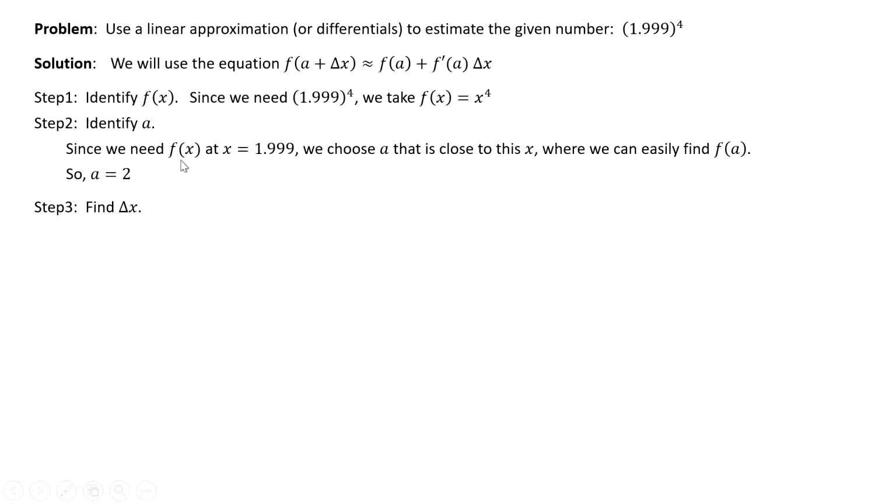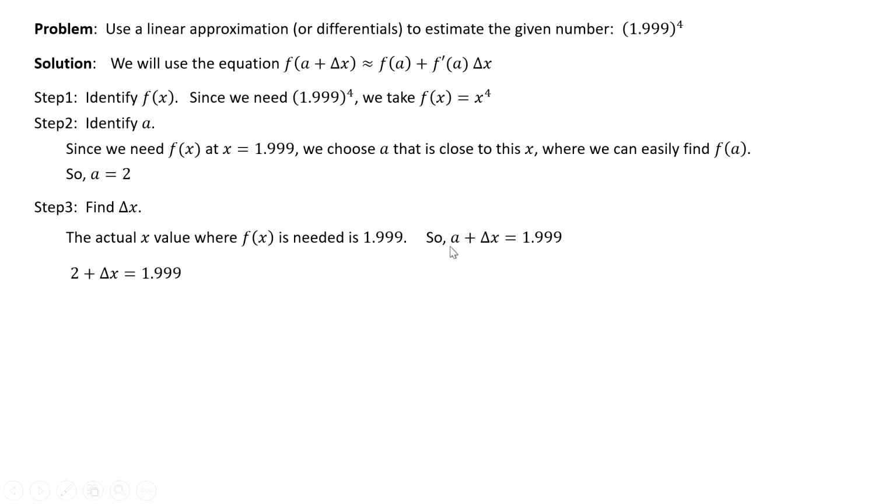We needed to figure out f of x at x equals 1.999, right? We will call that 1.999 as a plus delta x. Okay, a plus delta x is this one. But a, we just said, is 2, and so 2 plus delta x is 1.999. Can you figure out delta x from that? Yeah, subtract a, 2, from both sides, and you get negative 0.001.